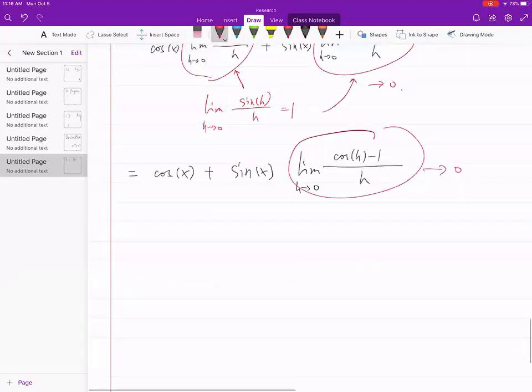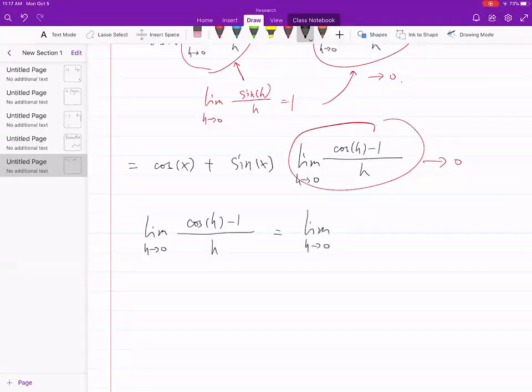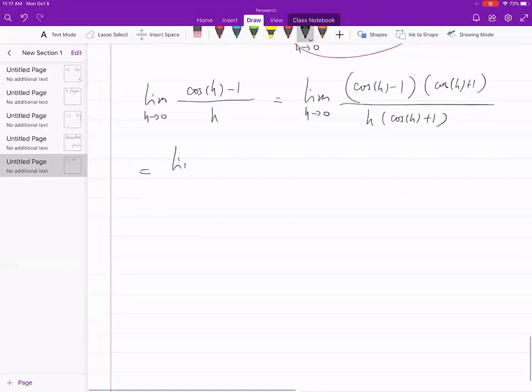Okay, I'm just going to write it down. It's not standard. Just for fun. h minus... The first thing I want to do is multiply by the conjugate. The reason I want to multiply by the conjugate is because I want to create a situation where I have cosine squared h minus 1.